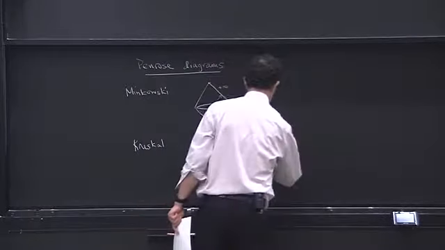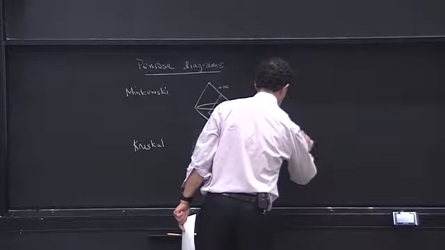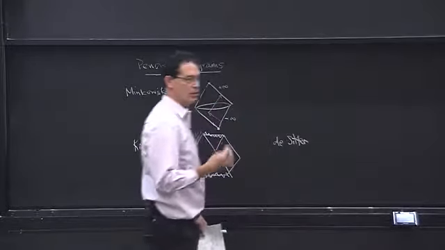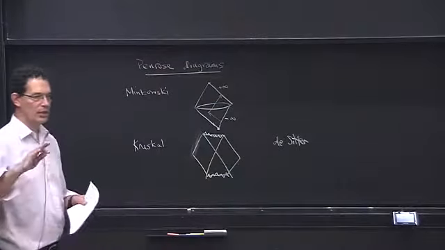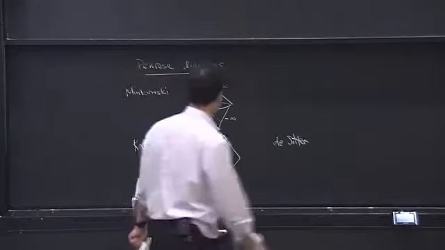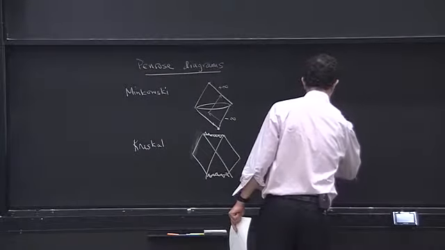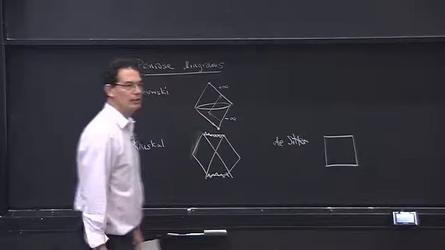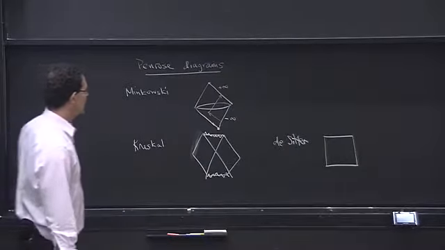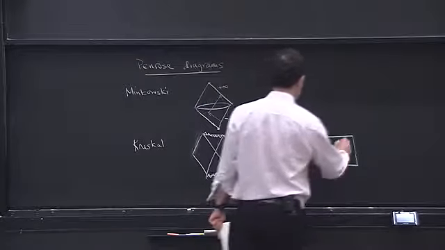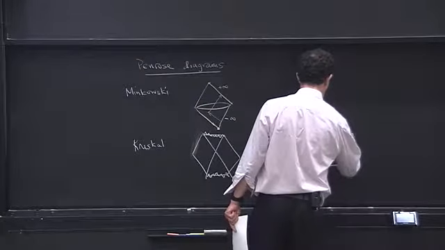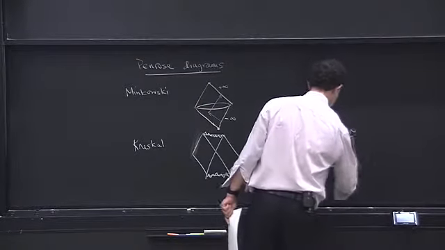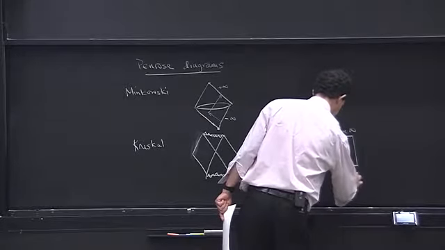De Sitter, which is the solution of the Einstein equations with only vacuum energy, looks like this. It's completely non-singular, okay? But it has a future space-like infinity. And this is a past infinity.